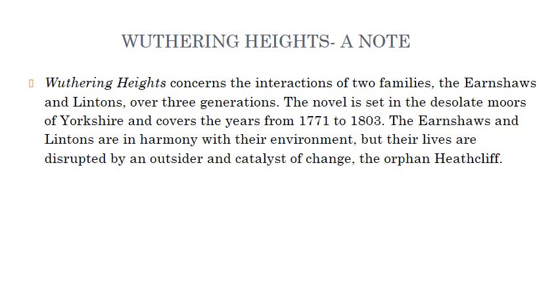They are Earnshaws and Lintons. It carries over generations. That's how we say it's a multi-generational novel. And the novel is set in moors of northern England, Yorkshire we say. It covers a period of 1771 to 1803.